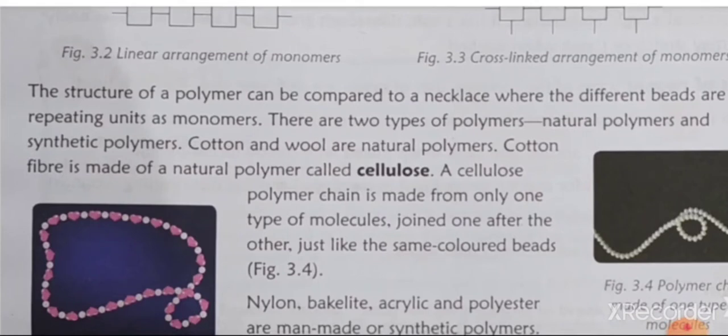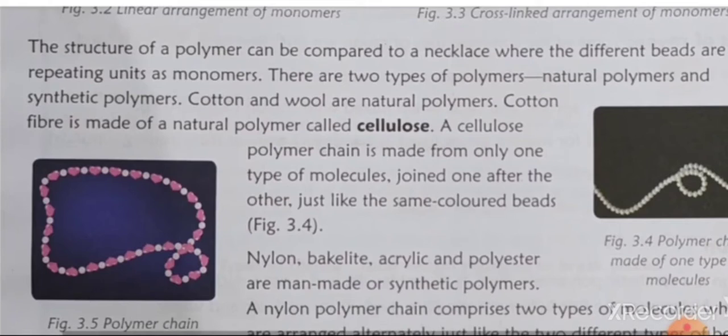A cellulose polymer chain is made from only one type of molecule joined one after the other. एक ही प्रकार के molecules होंगे उस cellulose polymer chain में. Just like the same colored beads in figure 3.4, on the right hand side, the white colored beads are of the same color, same size, same molecule.